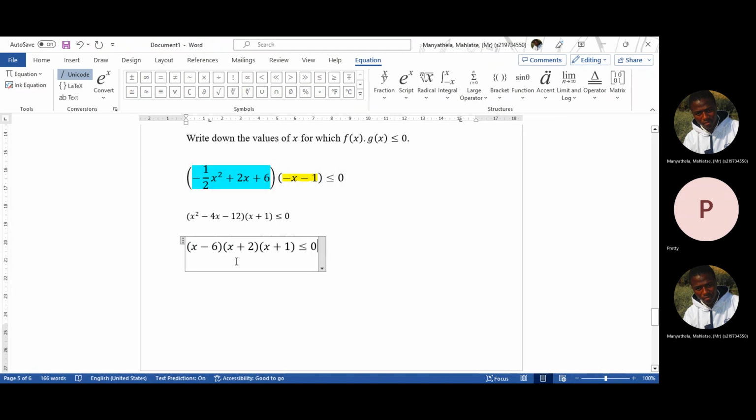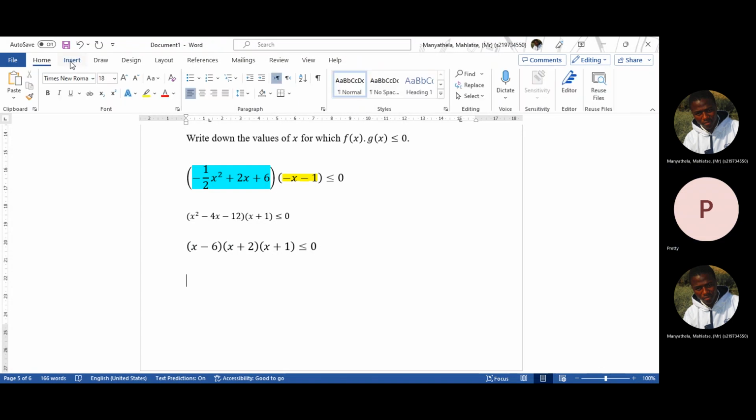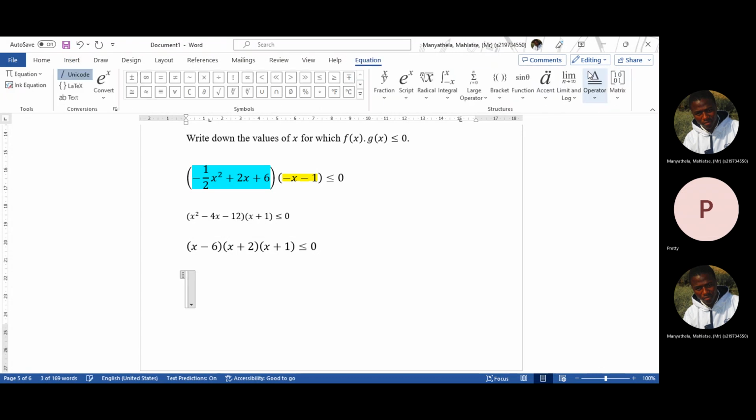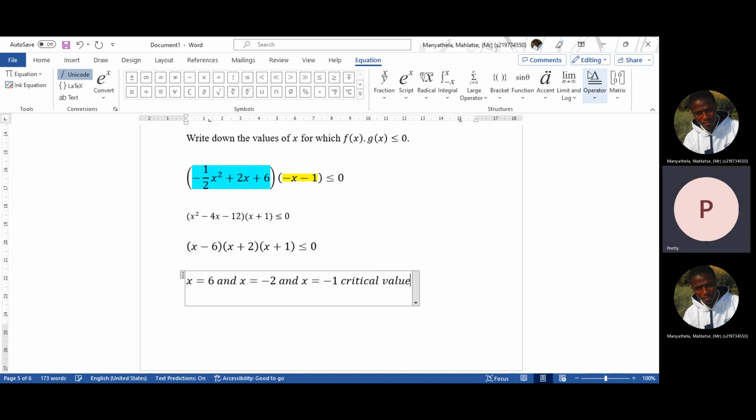Then the critical values are x equal to 6, x equal to negative 2, and x equal to negative 1. These are your critical values, okay? These are your critical values.